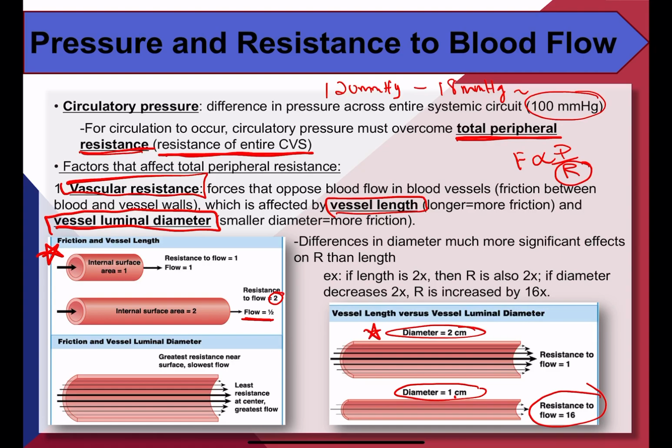So hence, this explains why our body controls blood flow by changing luminal diameter of blood vessel, because diameter has a much bigger effect on resistance compared to blood vessel length. And hence, that's why our body does vasoconstriction and vasodilation, because it is a lot more efficient in terms of both space and effect.